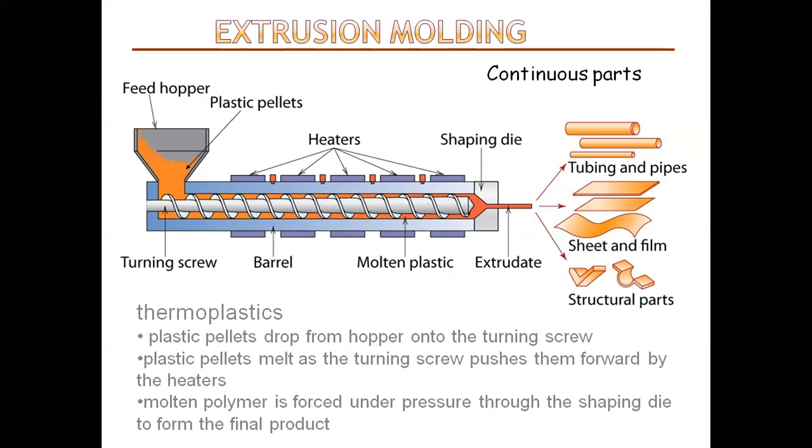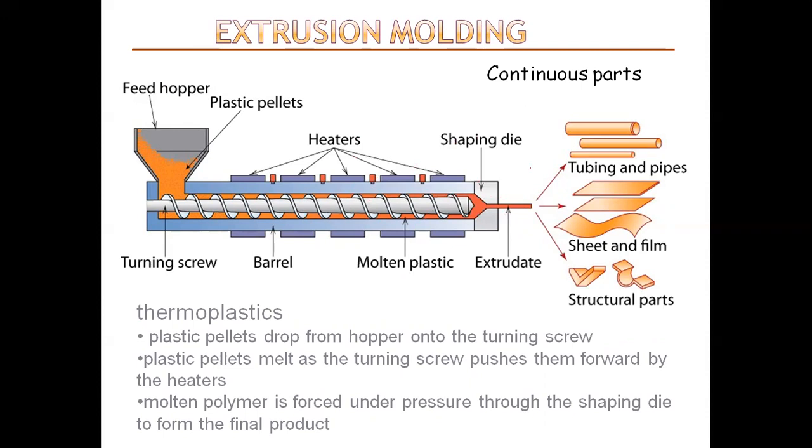Extrusion produces continuous items such as pipes, strips, fans, deck railing, window frames, plastic frames, sheet, thermoplastic coating, wire insulation. Even the thermoplastic paint you have seen is also manufactured using this extrusion molding process.